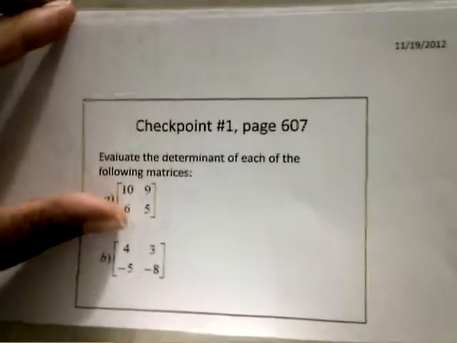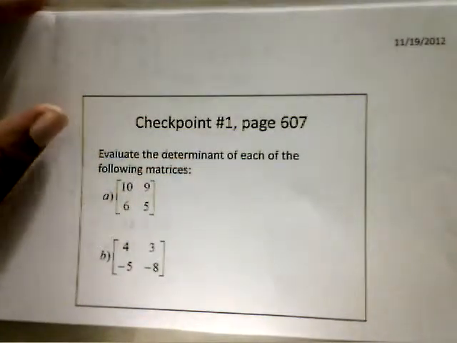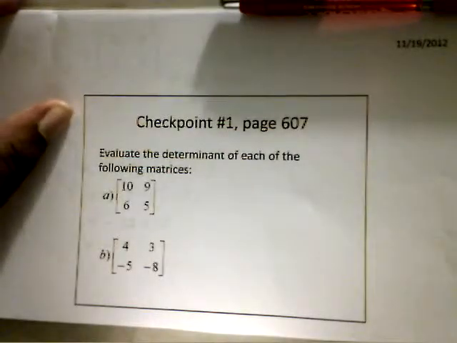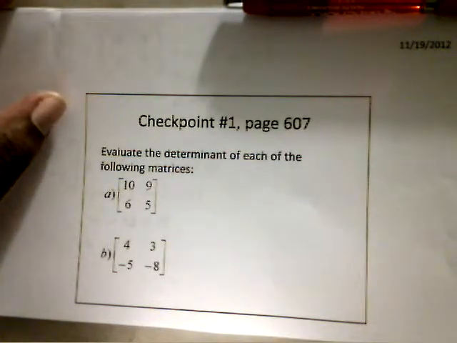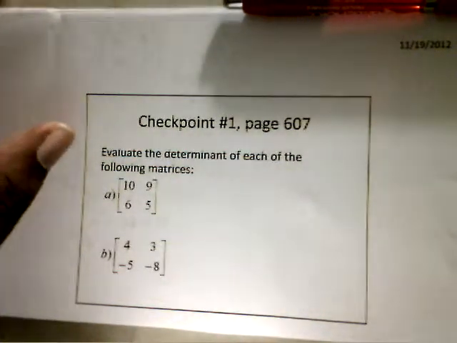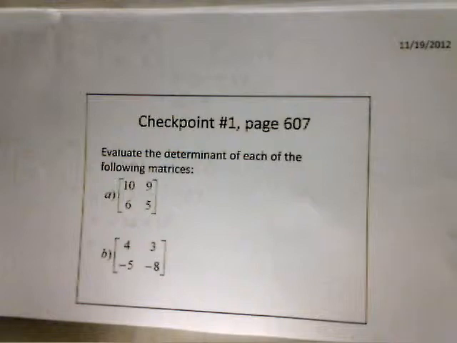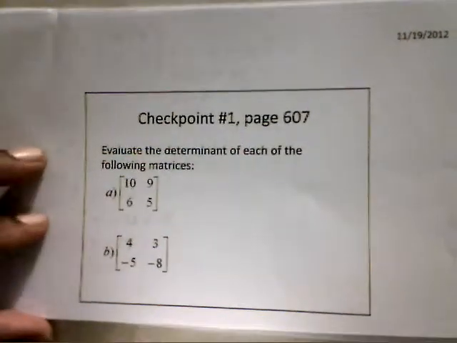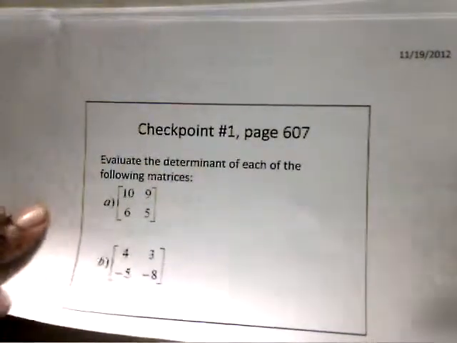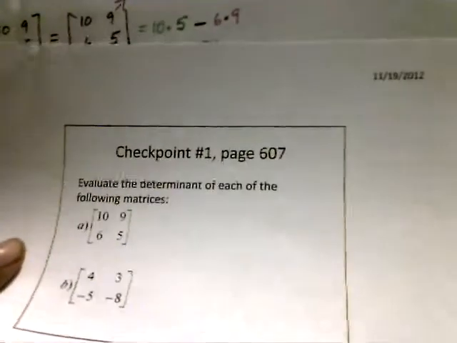Okay, now let's look at a couple of examples here. I want to evaluate the determinant of each of the following. The first one I have 10, 9, 6, 5, and the second one is 4, 3, negative 5, negative 8. I'm going to show you how to evaluate a second order determinant, so let's use these examples.